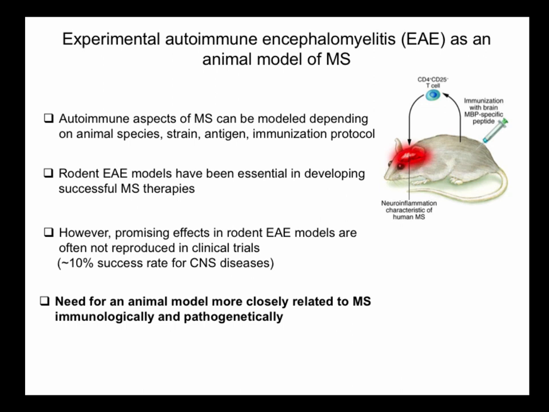So traditionally, EAE has been the main model for testing MS therapies for the past 20 years. Basically, it's a simple approach where you use an antigen, which can be a myelin-derived antigen, a myelin basic protein, MOG, all kinds of different antigens related to myelin. You inject it in the animal and wait for the immune system to respond.